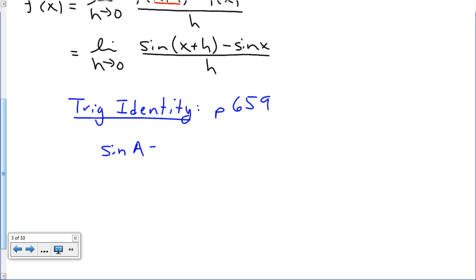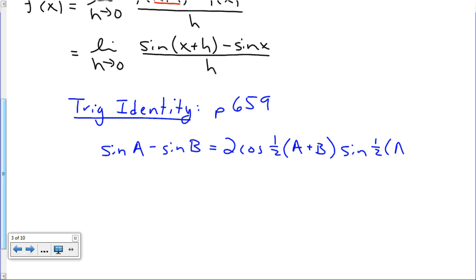It's the sine of A minus the sine of B. Again, it's the difference of two sines. Sine of one quantity, so for us the A is representing x plus h and the B is representing the x. Turns out that that's equal to 2 cosine of 1/2 of A plus B times the sine of 1/2 A minus B. So that's the property that we need, that we're going to use here.